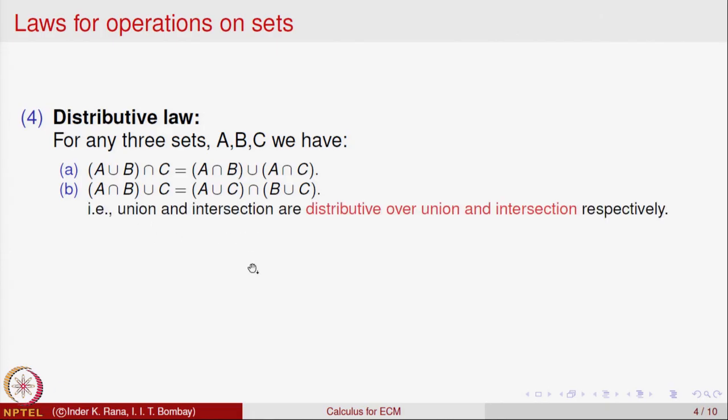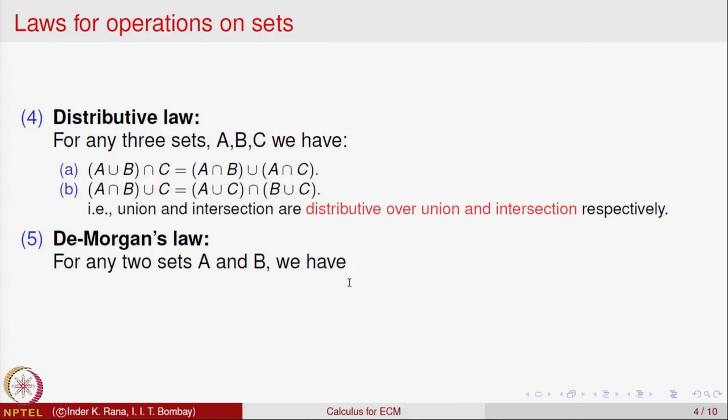So, these are the basic laws, and then DeMorgan laws for complements, namely A union B complement is the same as A complement intersection B complement, and similarly A intersection B complement is the same as A complement union B complement. Right. So, these operations on sets, we are not giving any formal proofs of these things, but we will use them as and when required.